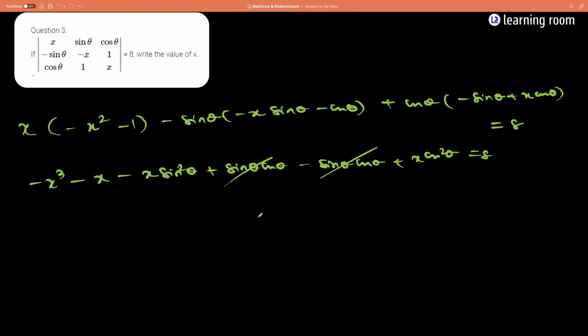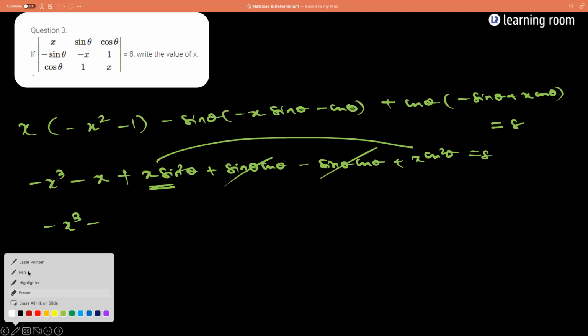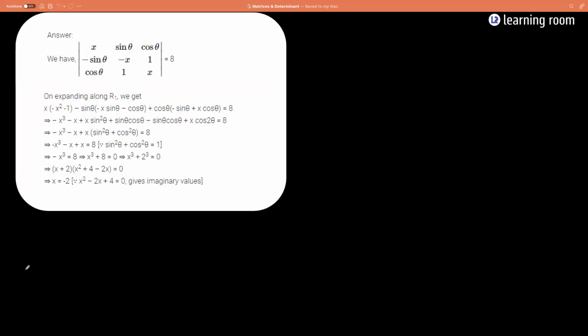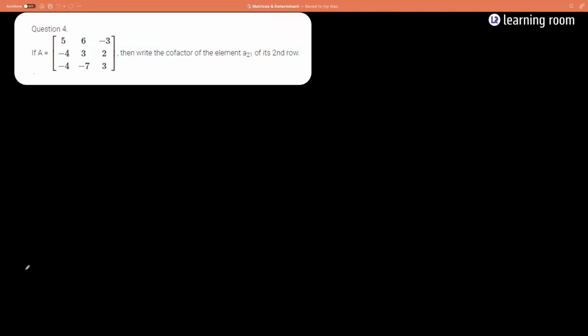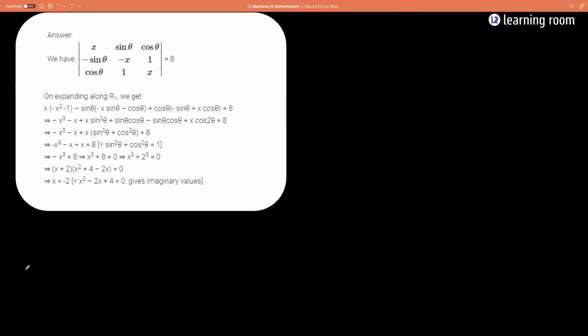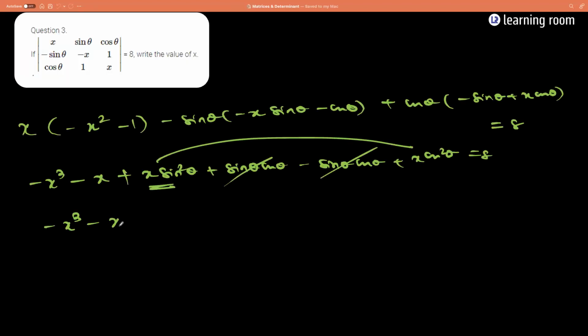So the third term, plus x into sin square theta. This one, plus. Okay, so then I can take x common. So I'll have minus x cube minus x plus x is equal to 8.